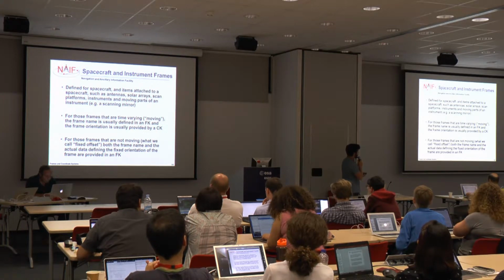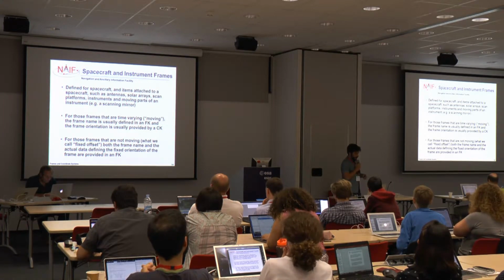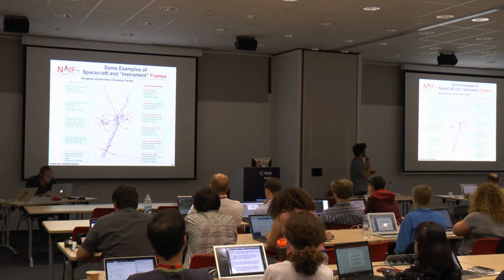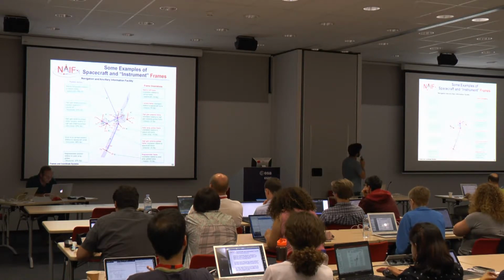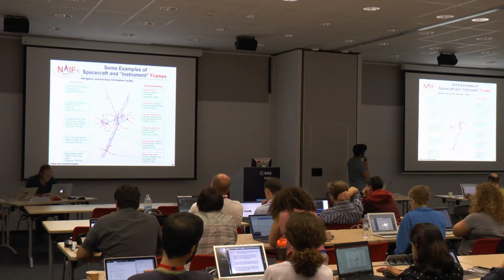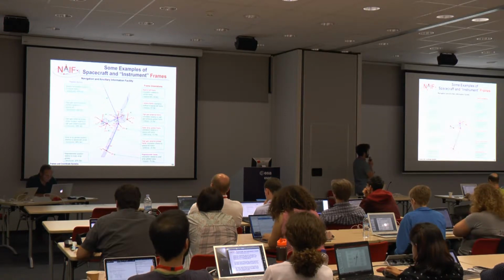And usually it's a very well documented, thorough and long frames kernel that allows us to define something like this. Okay? So in this nice and dense slide, what you can see is a representation of the definition of different reference frames for a given spacecraft. Well, first of all, we have some position vectors that give us some information on the position of the spacecraft.